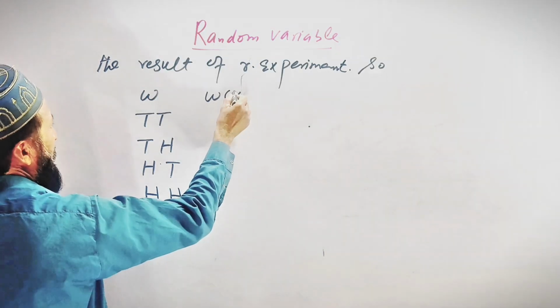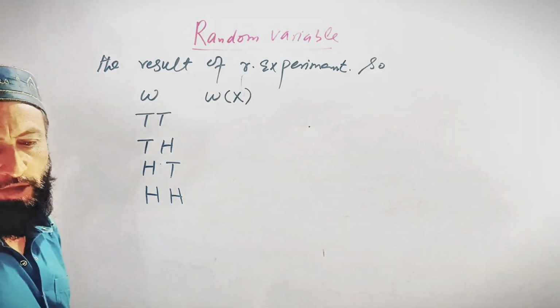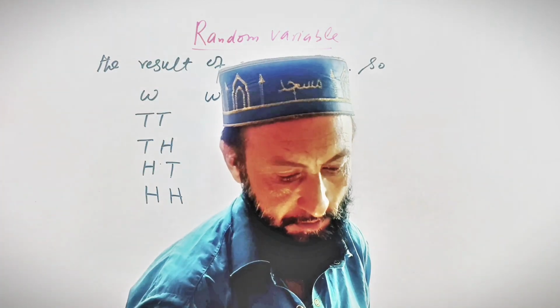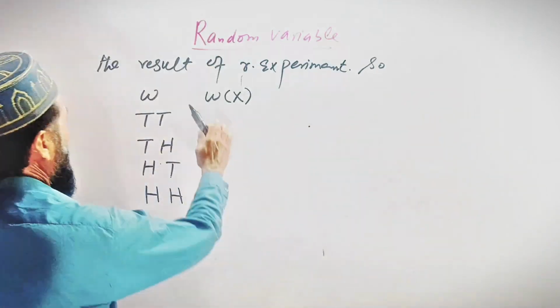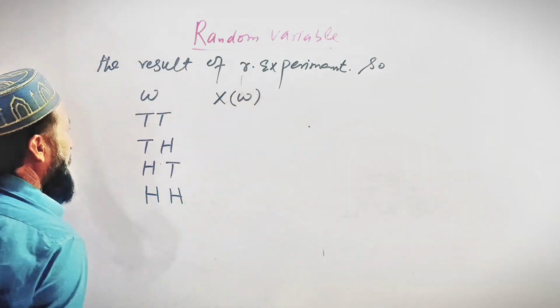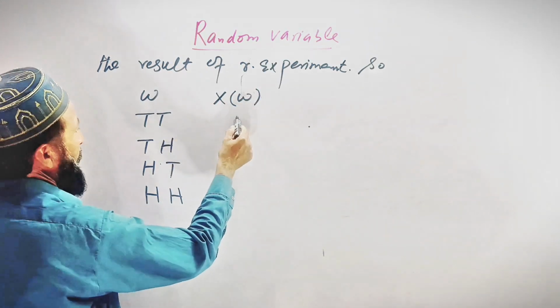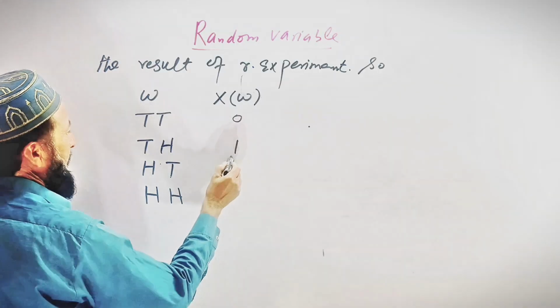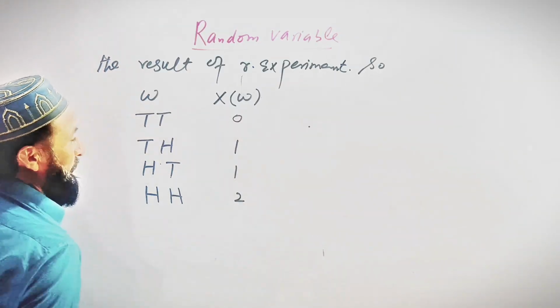And X of W, where X is a random variable, we are writing in function form. Here there is no head, here is one head, and here is also one head, and here is two heads.